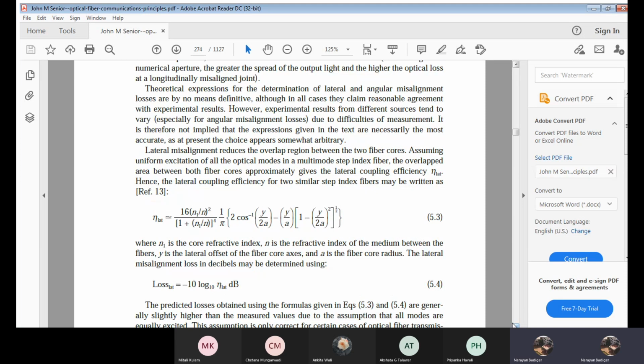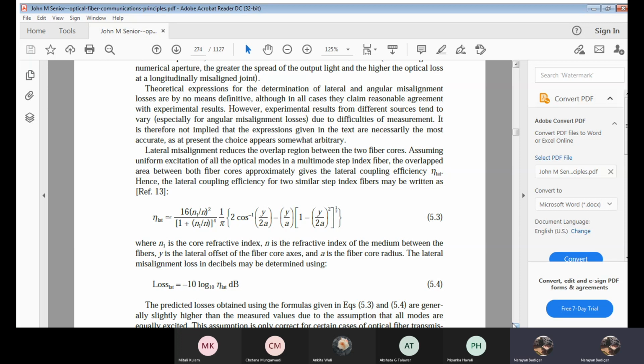Again, those losses will be calculated, which will be due to those three things: lateral, angular, or longitudinal. There are a few scientists or researchers who have calculated this theoretically. What they have calculated is, as we just discussed, that the loss due to longitudinal misalignment is treated almost as zero.